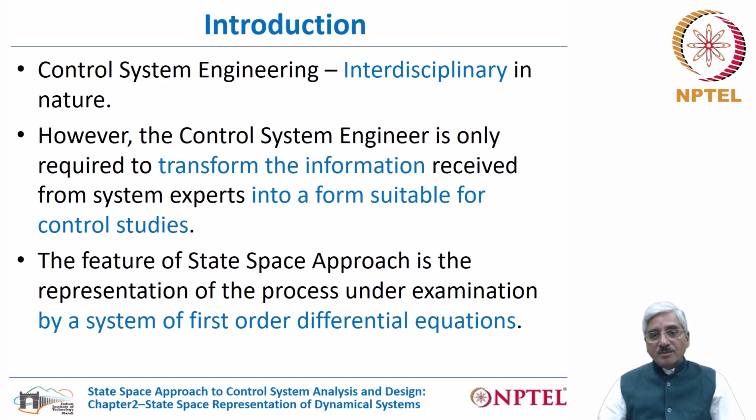It may be a biomedical system, biological system. Now, if we expect the control system engineer to know all these subjects, the life of a control system engineer will be very tough. So obviously, the real situation is not that.